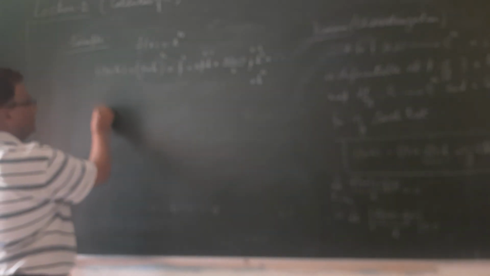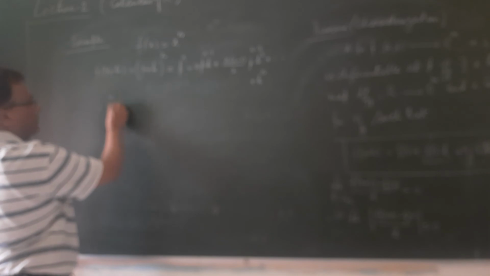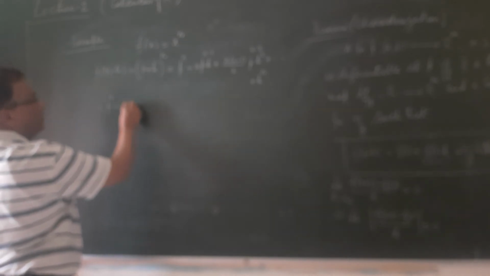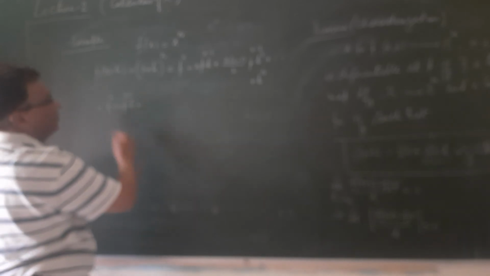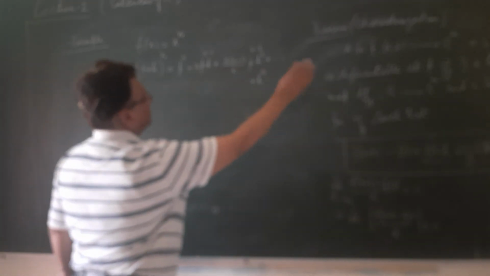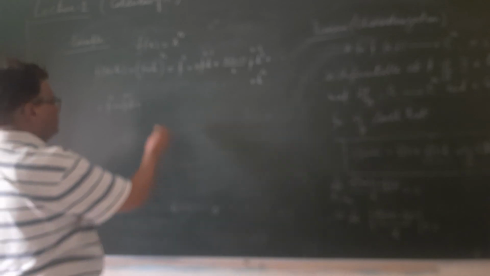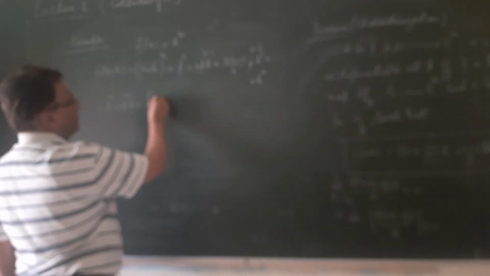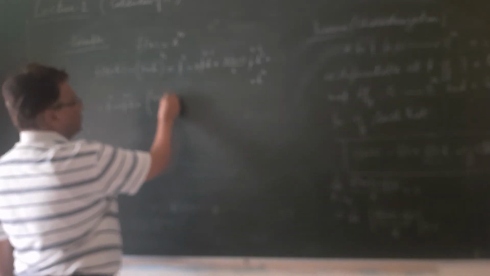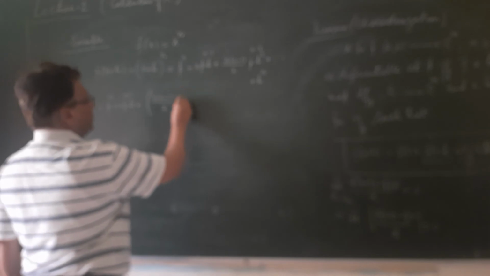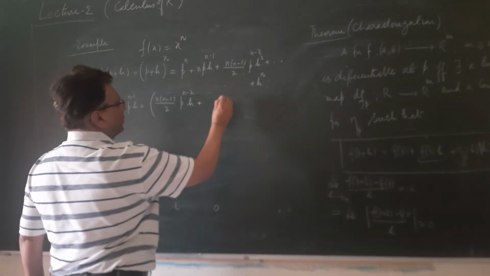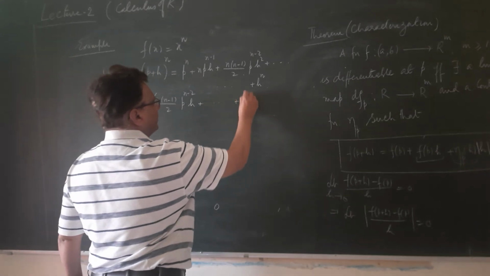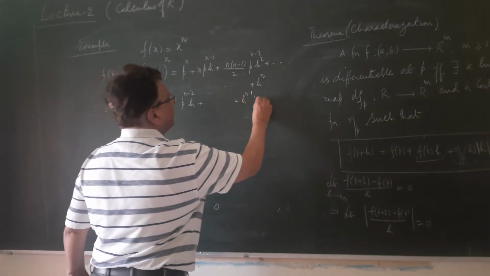Now let me write the right side as p to the power n plus n p to the power n minus 1 into h, and from the remaining terms I will take h common. This will become n(n minus 1)/2 p to the power n minus 2 into h plus so on plus h to the power n minus 1, all into h.